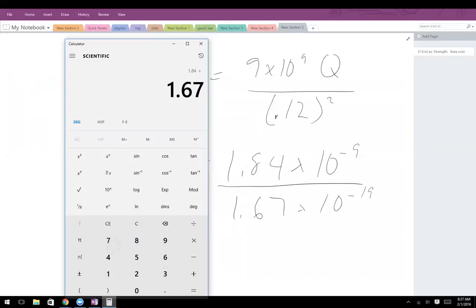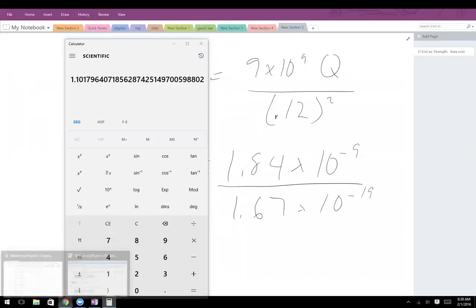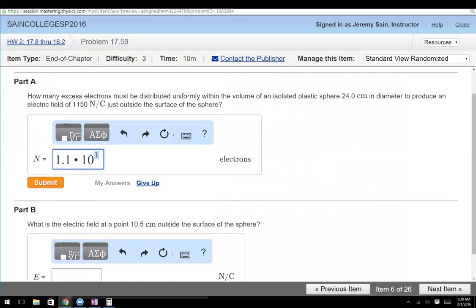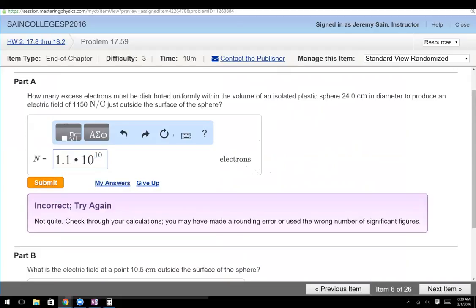I can do that because I don't get points counted off when I put in a wrong answer the first time. You know, you could do that to us. That would be nice. So 1.10 times 10 to the 10th. Not quite. No, you're close.